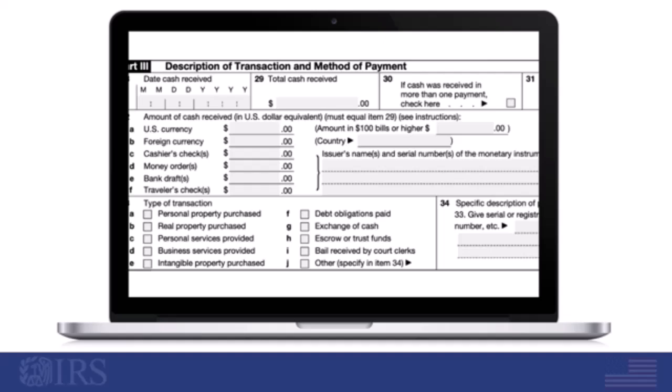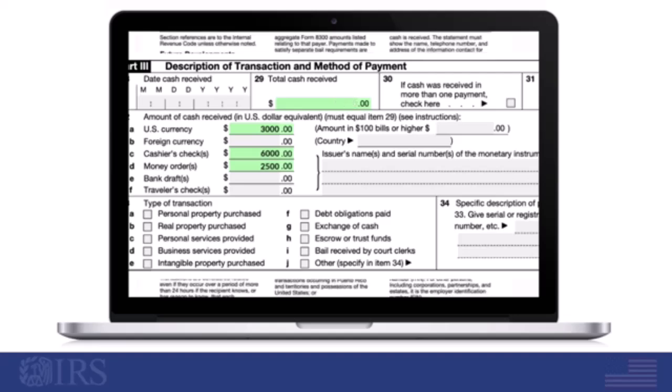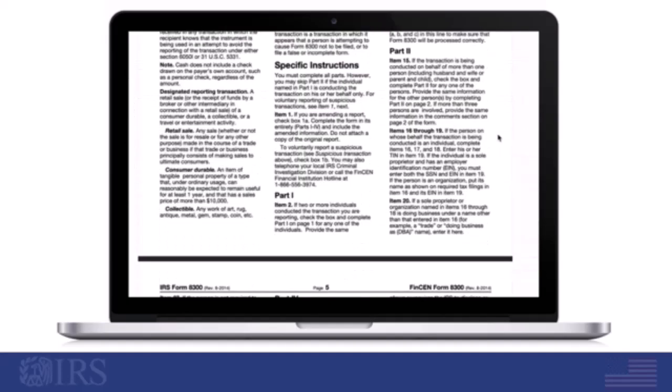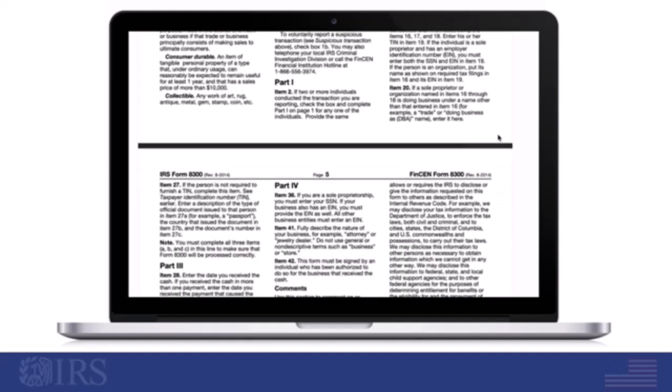For example, a customer gives you $3,000 in U.S. currency, a $6,000 cashier's check, and $2,500 in a money order. You would show $11,500 in item 29 and the amounts for each type of cash in item 32. For more information about cash, find the definition of cash in the Form 8300 instructions.